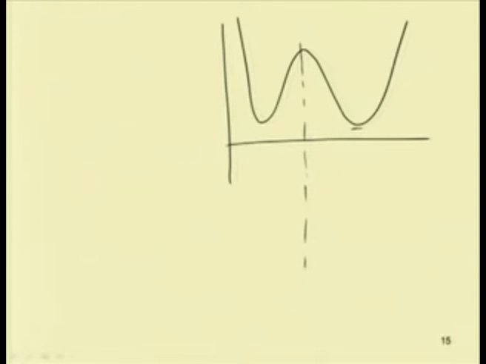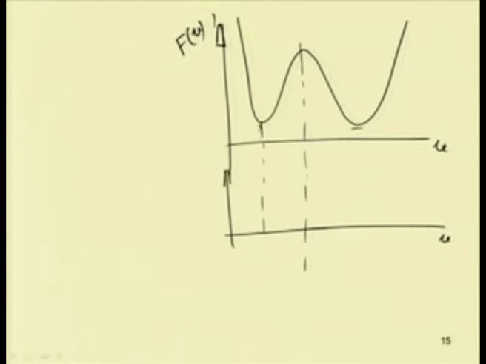So, this is f u versus u. If one studies qualitatively, corresponding to this minimum potential energy, let us plot this u versus u dot, that is v.